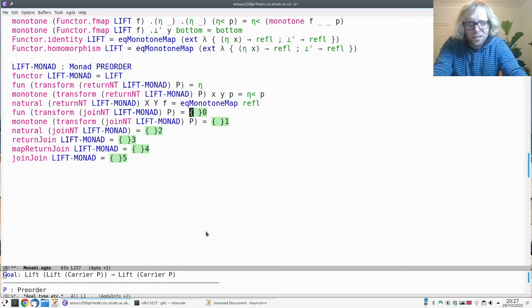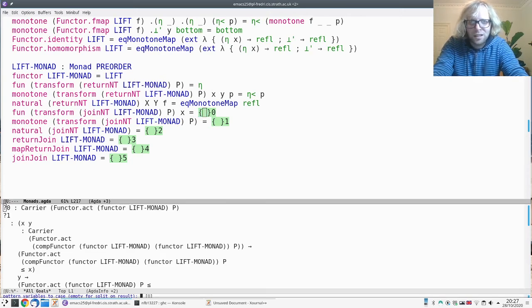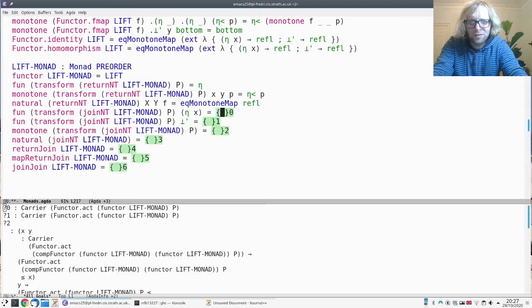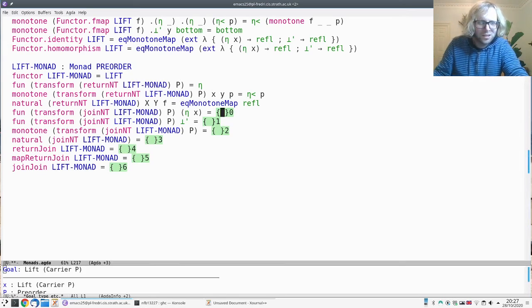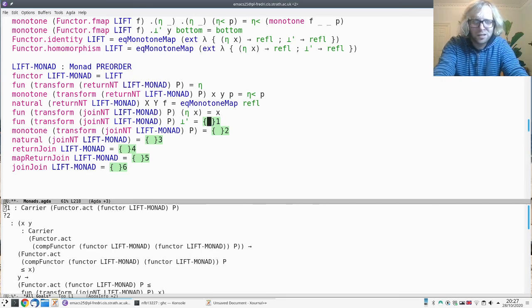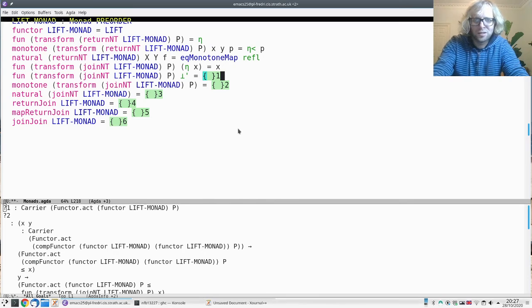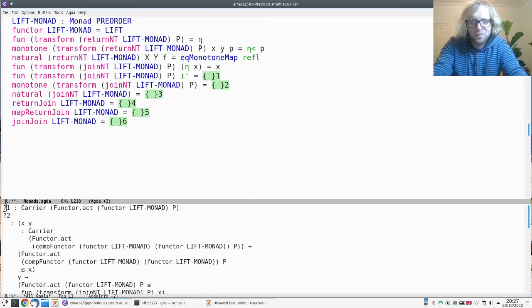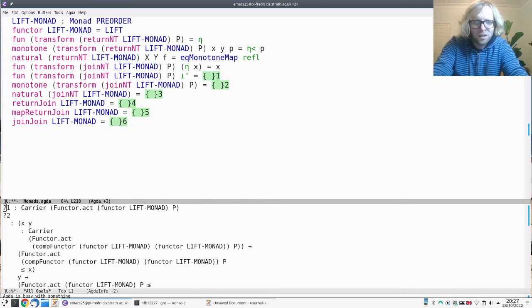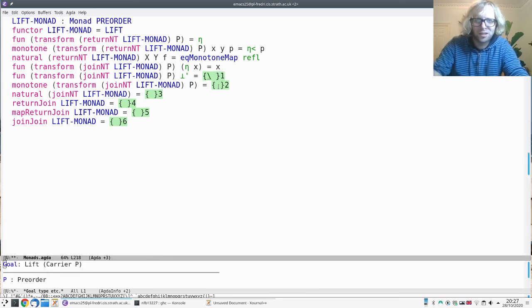So we get given x, say, let's look at the x. If it's an inclusion of a lift, then we can just give that back. And if it's the bottom element, then we can map that to the bottom element. Right.